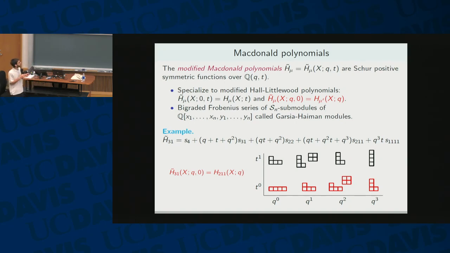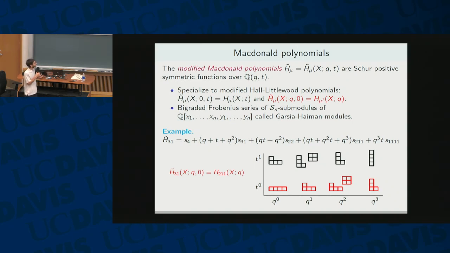Here, Sn acts by permuting the x's and y's simultaneously. You take a certain determinant in x and y's, and then you take all partial derivatives of that, and it gives you this Sn submodule whose character is the Macdonald polynomial.